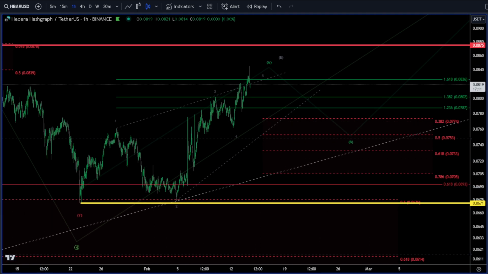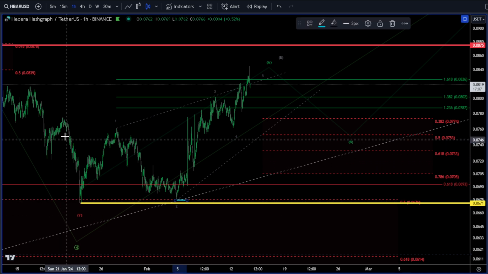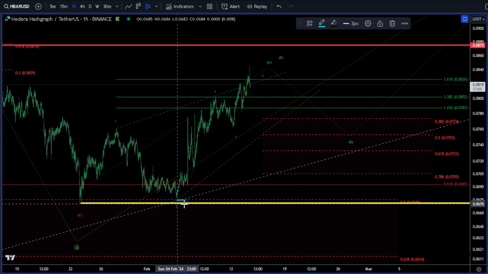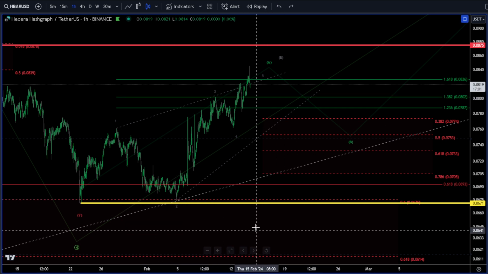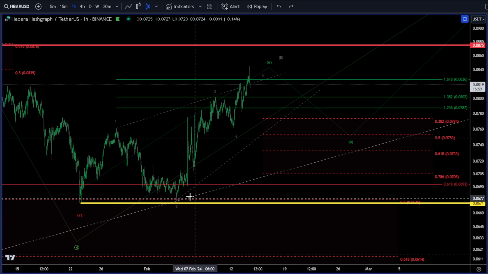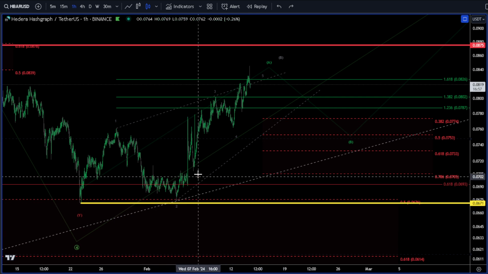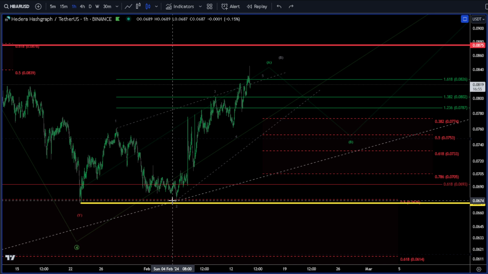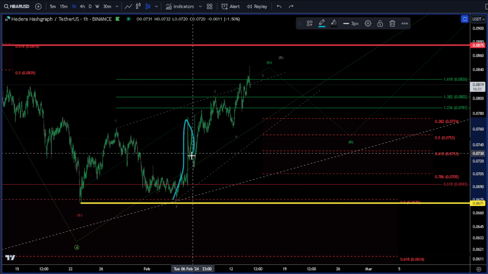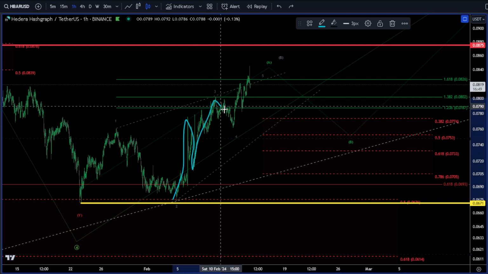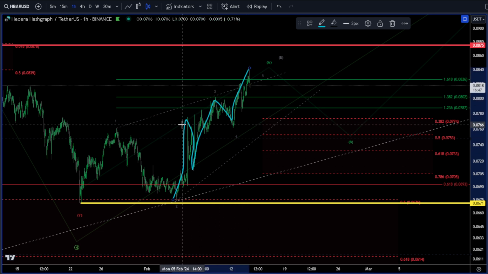The reason being is I'm still not sure if this is the wave 2 or if we just got a truncation and that's actually our bottom, just because we came so deep here. And if this is actually our bottom, we would expect one more move to the upside, or this is actually our diagonal to begin with here. 1, 2, 3, 4, 5, as you can see.